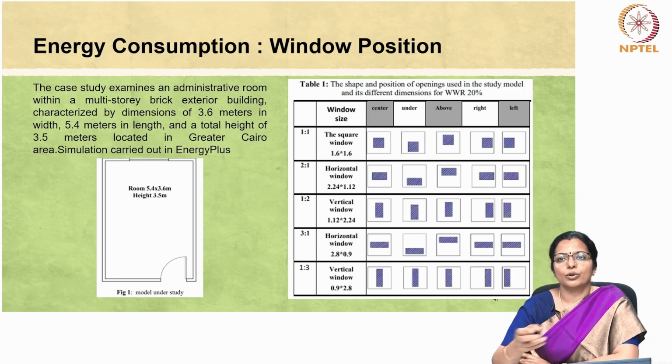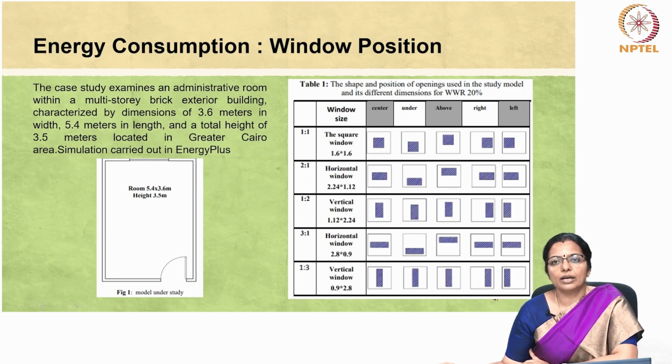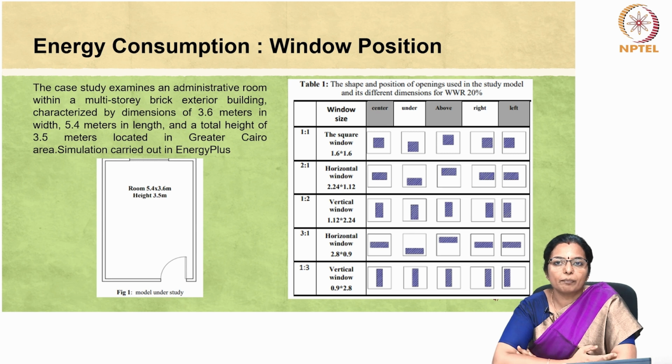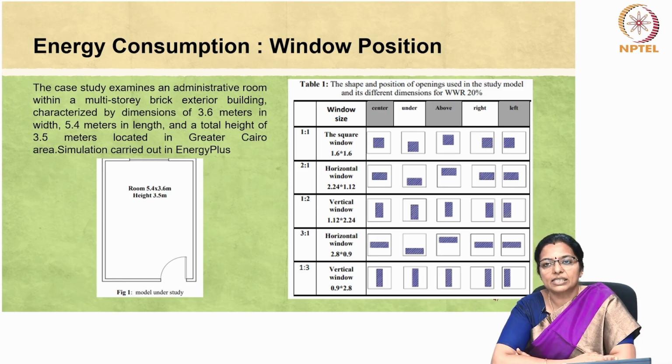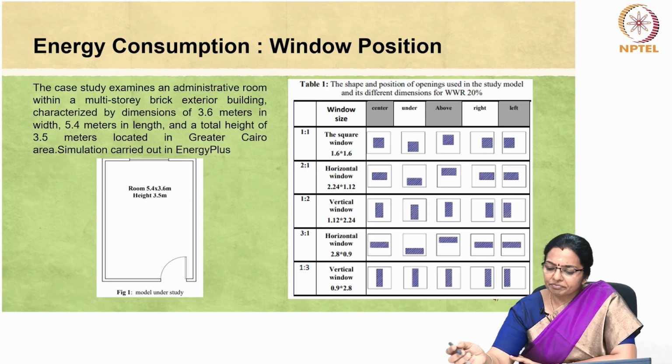A higher WWR indicates more windows relative to the wall area, which can lead to increased daylighting and views to the outside. But this may also impact energy efficiency and thermal comfort, as we have already seen in the previous class. So, builders and architects often consider WWR when designing buildings to achieve desired levels of natural lighting, visual comfort and energy performance. So, in this research case, for the position of the windows, 5 positions were chosen.